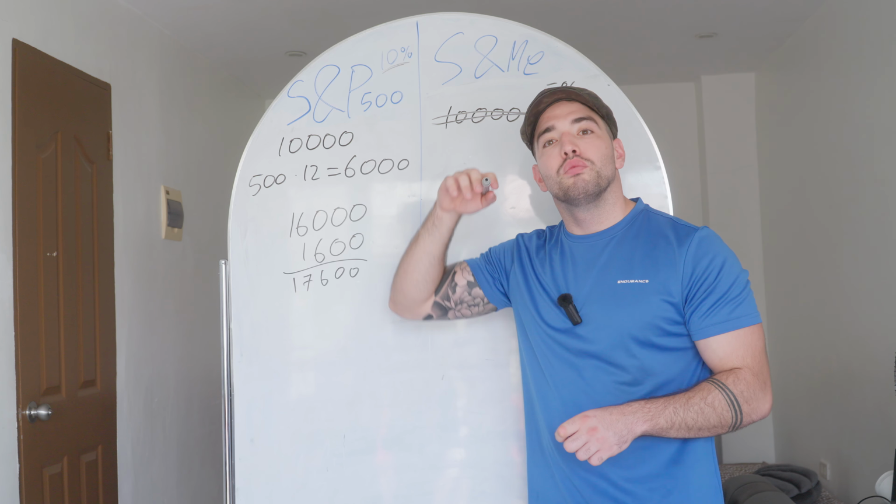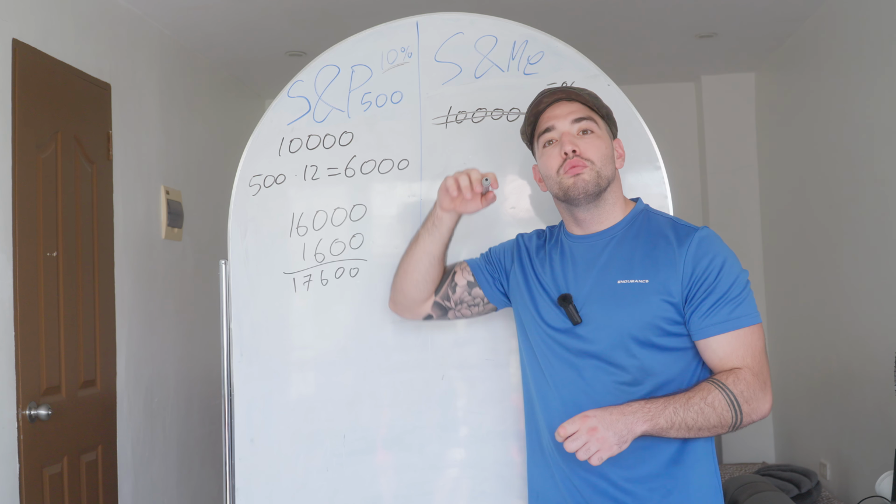And it's the same universe, so he's still making the other one, which is 6,000. All right? So that's a total of $18,000 year one. The S&P is already beat. It's done. It's over. And how can he ever catch up?